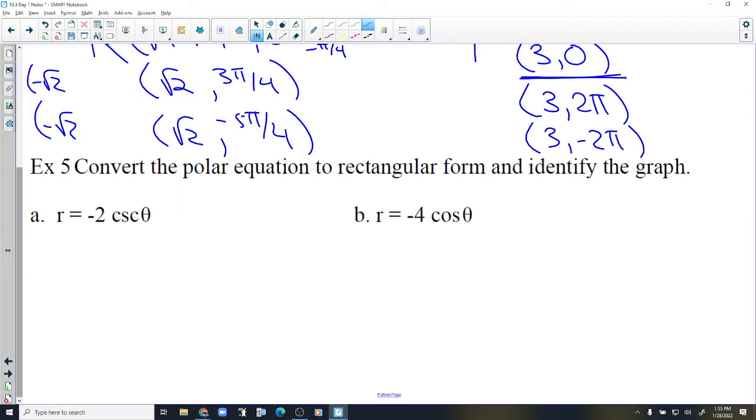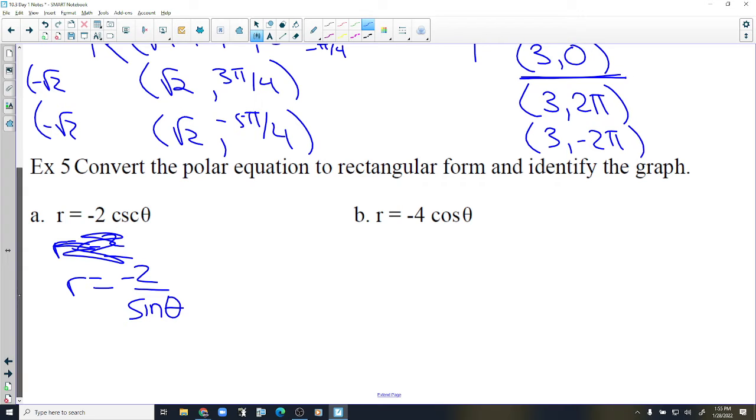Convert the polar equation to rectangular form and identify the graph. What do you know about cosecant? It's 1 over sine. So r equals negative 2 over sine of theta.